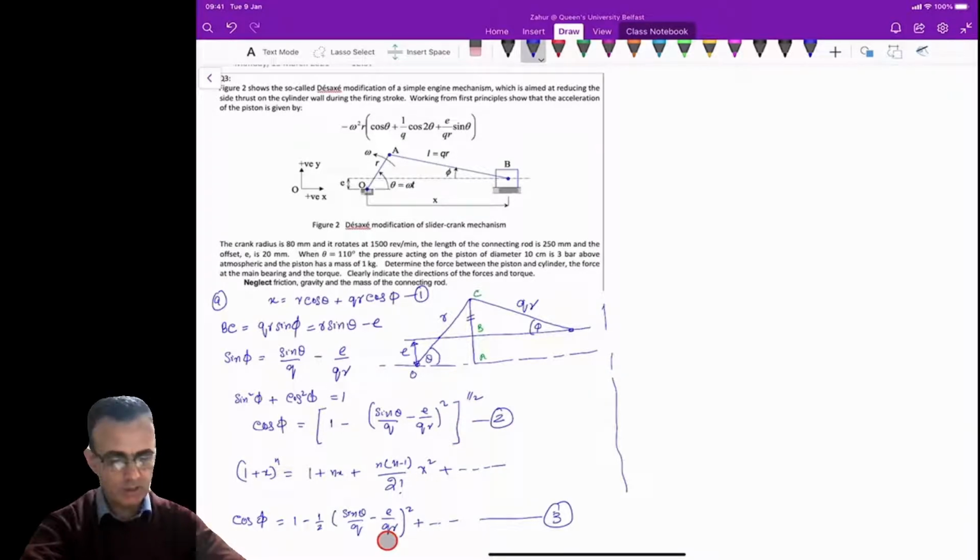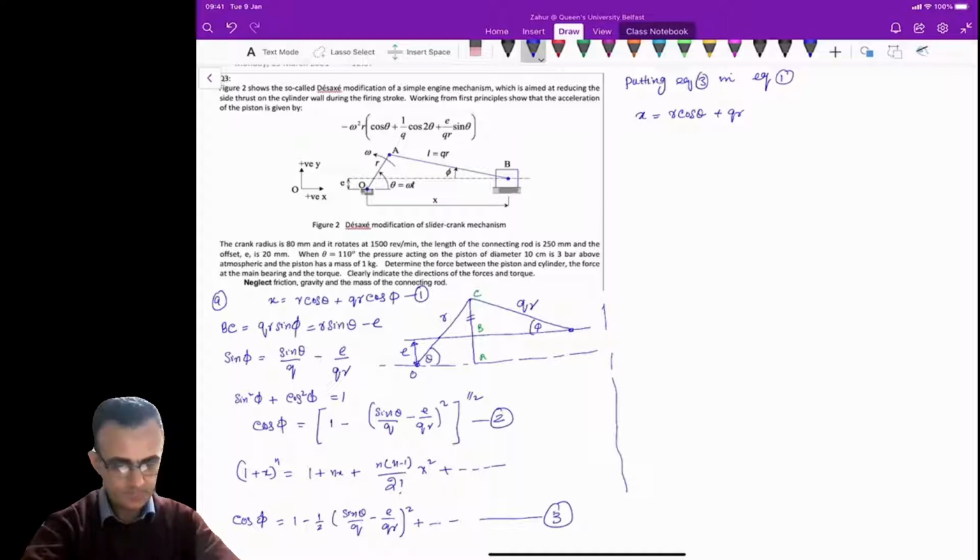So now you can say that putting equation 3 in 1, if you do this, x will become equal to r cos theta, plus qr, and then in terms of cos phi, you will just put this value here.